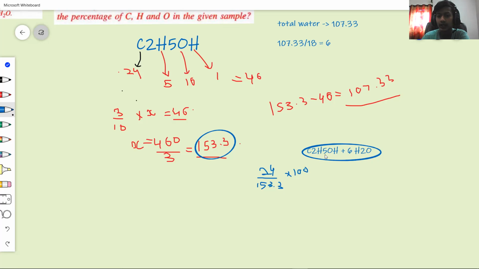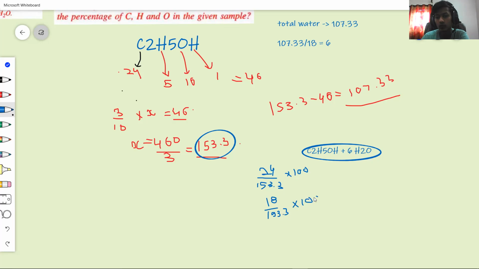The next thing we have is H. Total H we have is H5, 6H and 12H... so we have 18H. 18 into 1 by 153.3, the total mass, into 100, right?